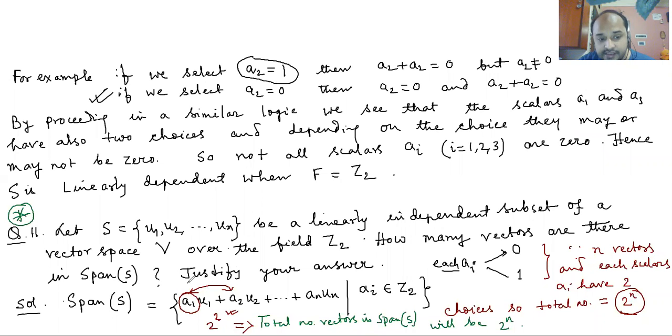Since span S contains all possible linear combinations of the vectors, and a linear combination depends upon the choice of the scalar quantities, the total number of vectors present in span S will be 2 to the power n. That is how we have got our answer.